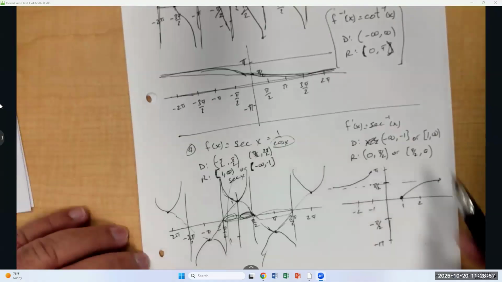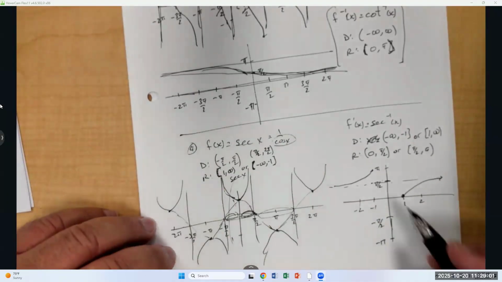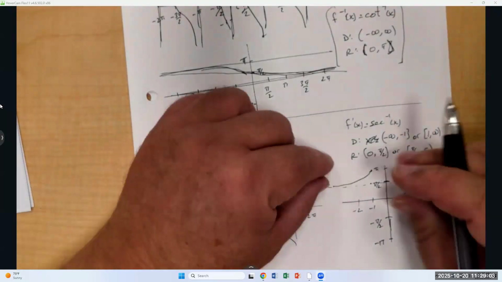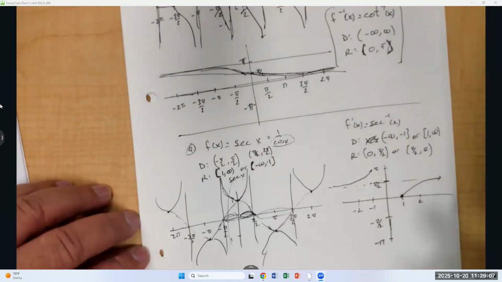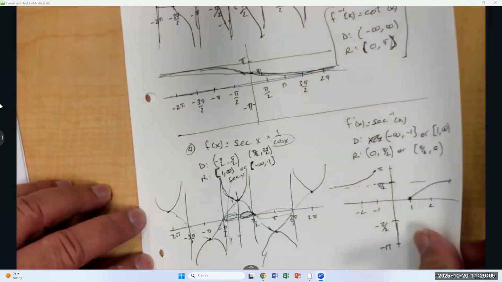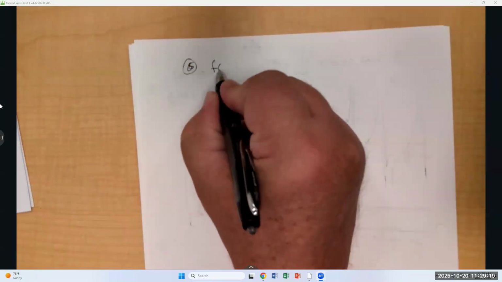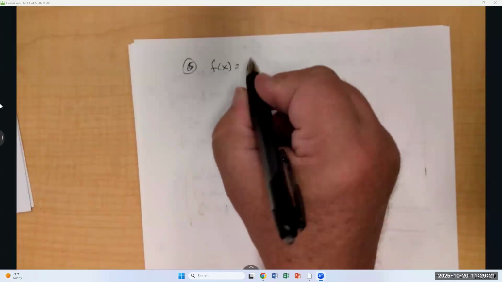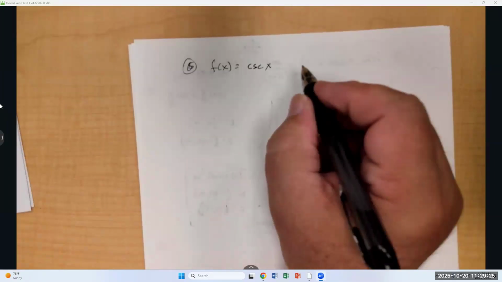And the cosecant is the same as this one, except it's flipped. It's pretty much just take this part, move it down here, and this part here goes up there. So let me draw that. The function is cosecant.